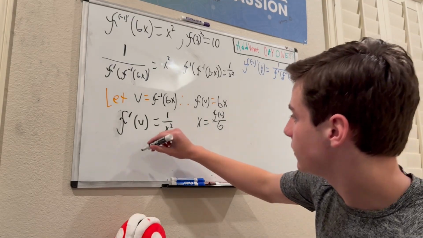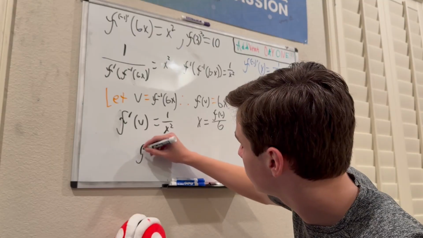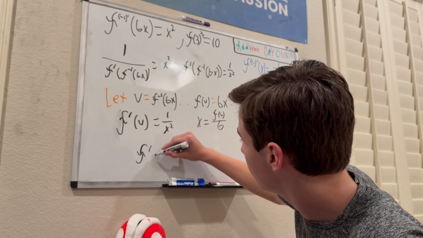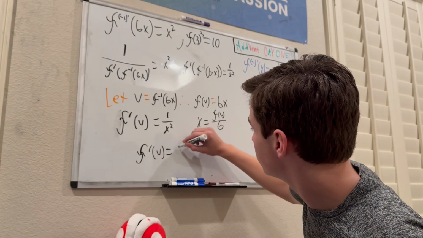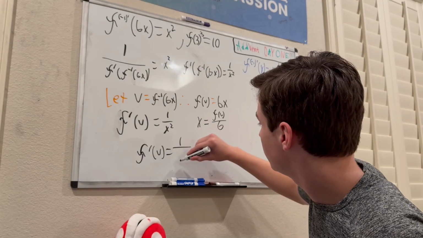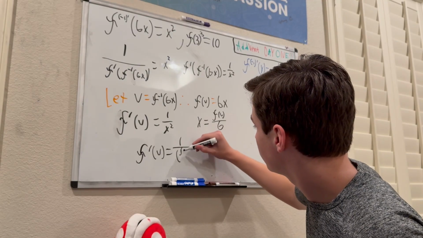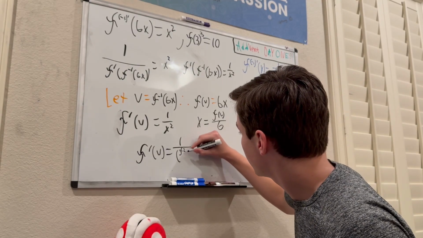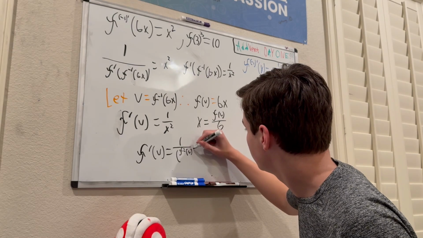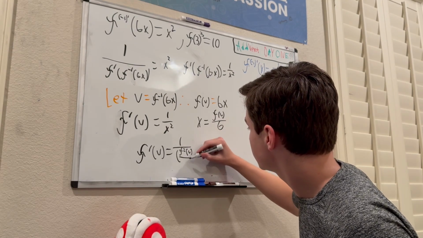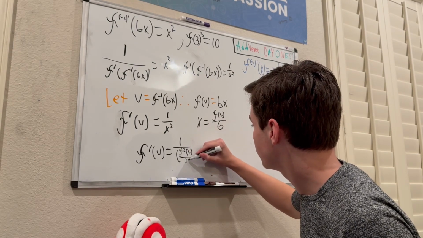And we can sub that in, and we get that f prime of u is going to be equal to 1 divided by f squared of u divided by 6 squared, which is 36.